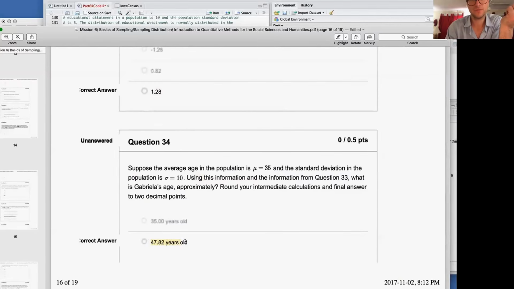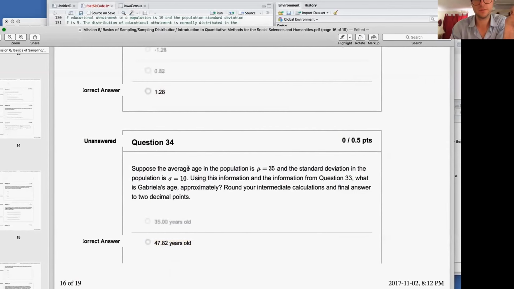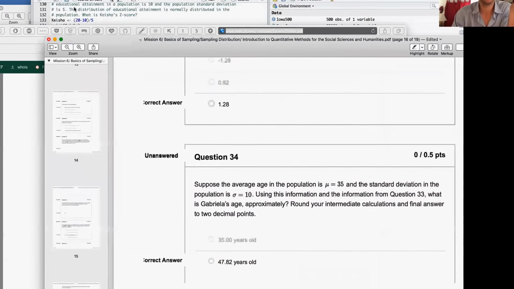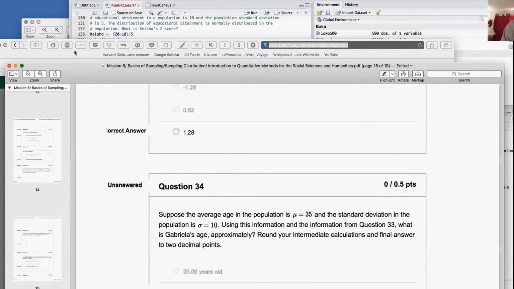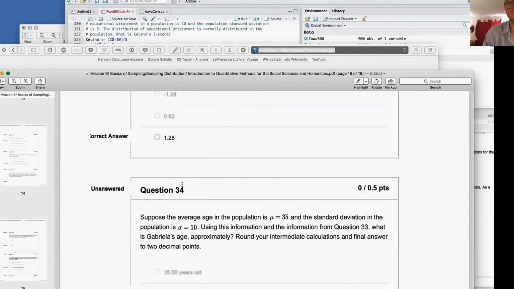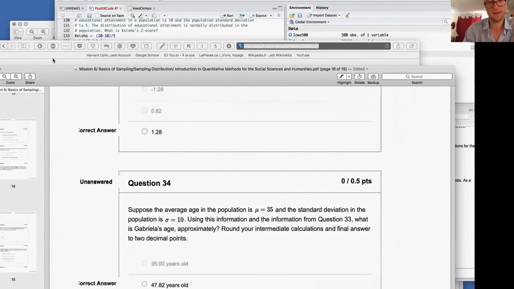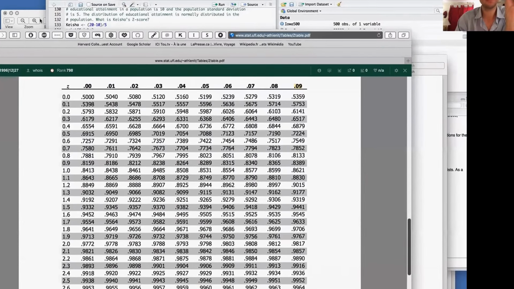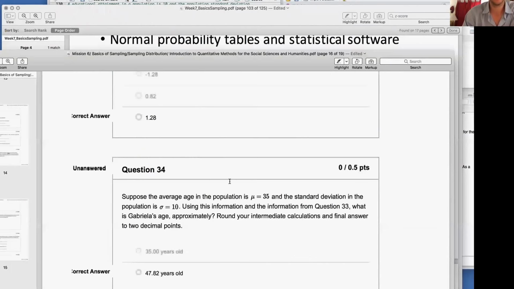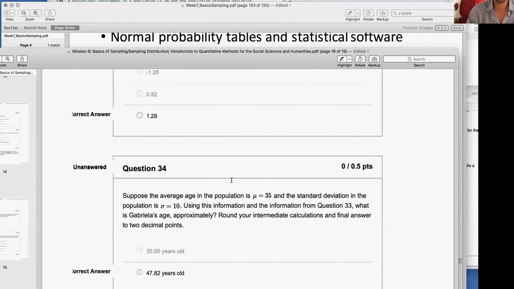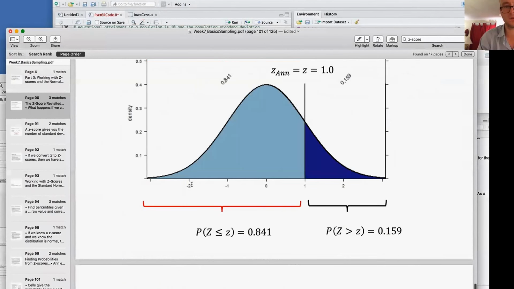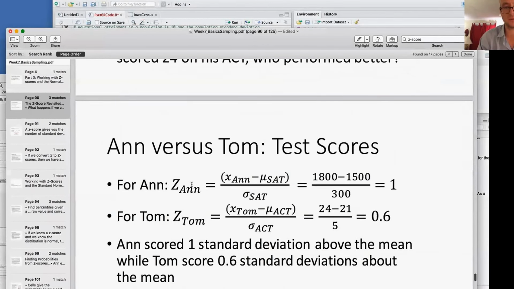Well, how do we know that she's 43.2 years old? Well, because we know what the z-score is, we can use basic algebra. So this is, again, how I'd answer this question. We know mu, we know sigma, and we know the z-score. Well, what do you do then? Well, we go and look at the equation for estimating a z-score.